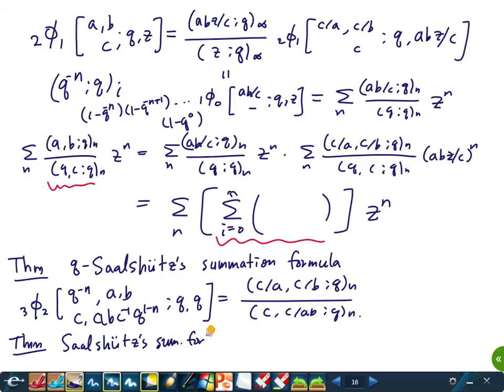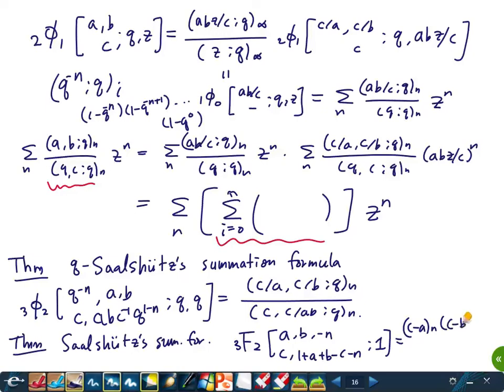The summation formula: 3F2 (-n, a, b; c, 1 plus a plus b plus c minus n; 1). Again here the sum of the bottom parameters is the sum of the top ones plus 1. Equals (c minus a)_n (c minus b)_n over ..., so that's it.